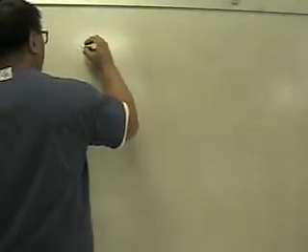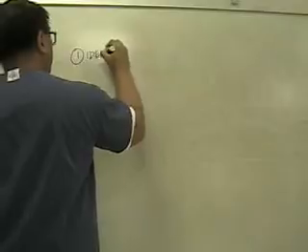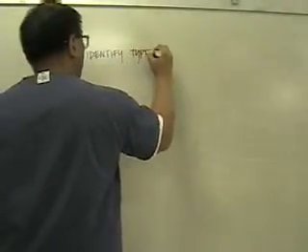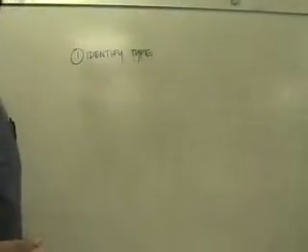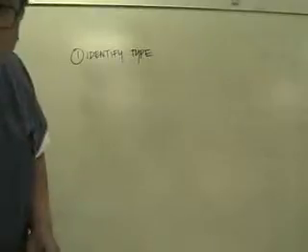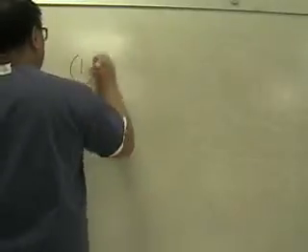So the first thing you have to do is be able to identify the type of problem. Because knowing what type of problem will then lead you to, I'm not sure, can you read this? I think I'm writing too small. So the first thing you need to do, identify the type of problem.